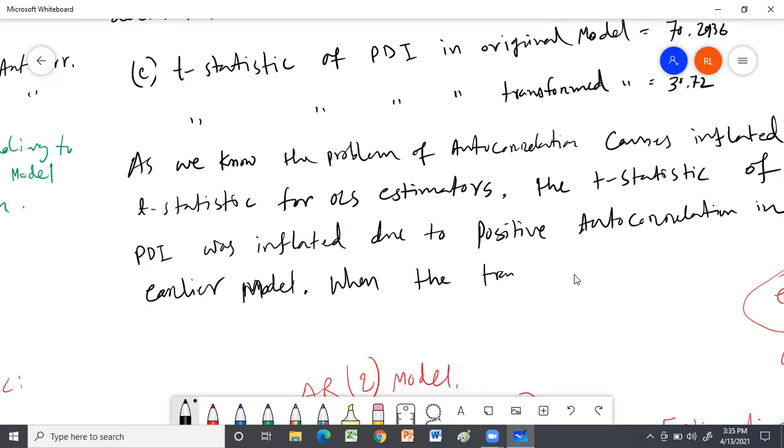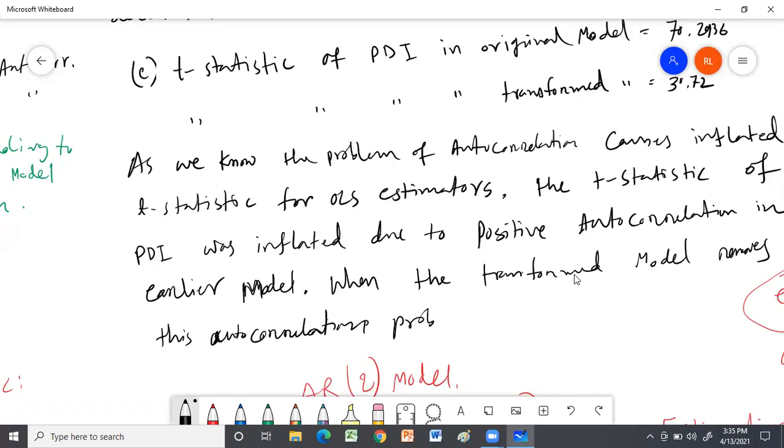When the transform model removes this problem, autocorrelation problem has been removed, the t statistic of PDI has been dropped.